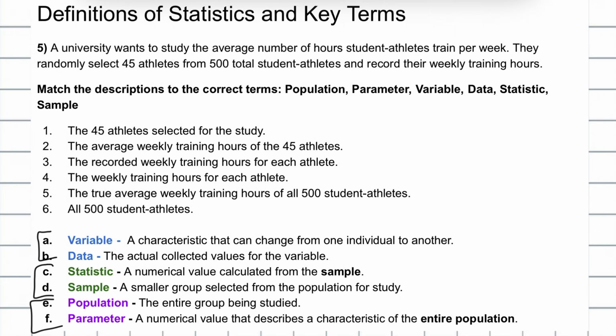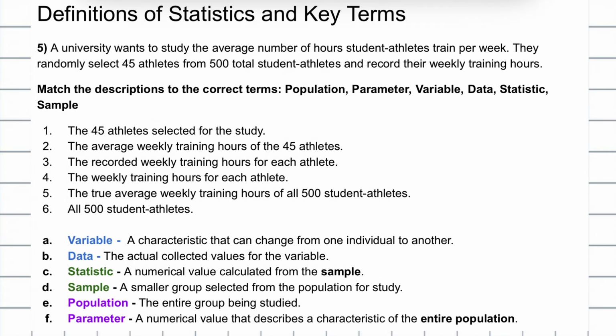Another way that it can help you comprehend the similarities is that S and S go together, P and P go together, and the only ones that vary are the variables. So we're going to read into each of the definitions, and then we're going to analyze the word problem.